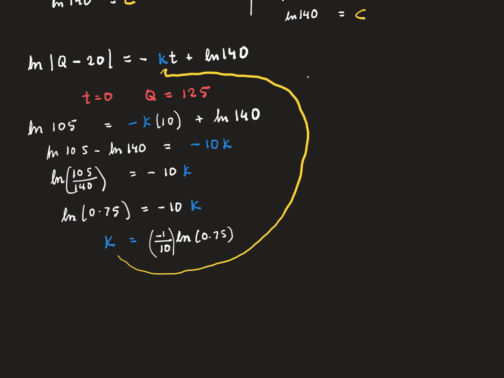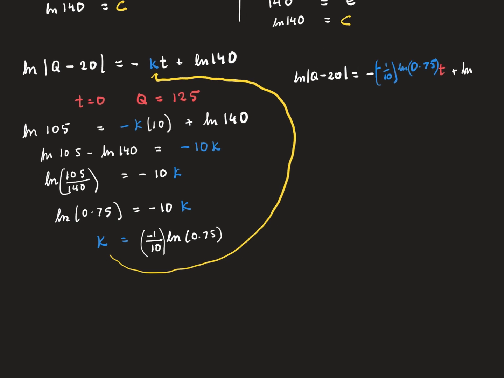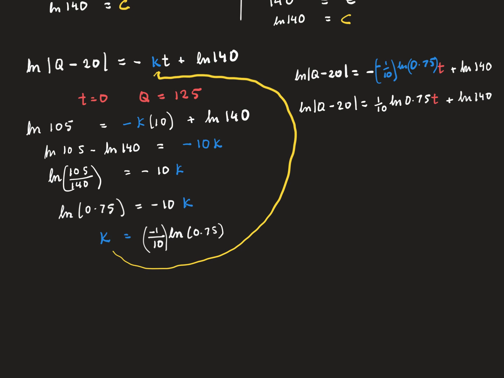So we have ln of θ minus 20 is equal to minus 1/10. Remember, you've got 2 minuses now here. ln 0.75. Let's not forget that there's a t there. Plus ln 140. And I rewrote this again.